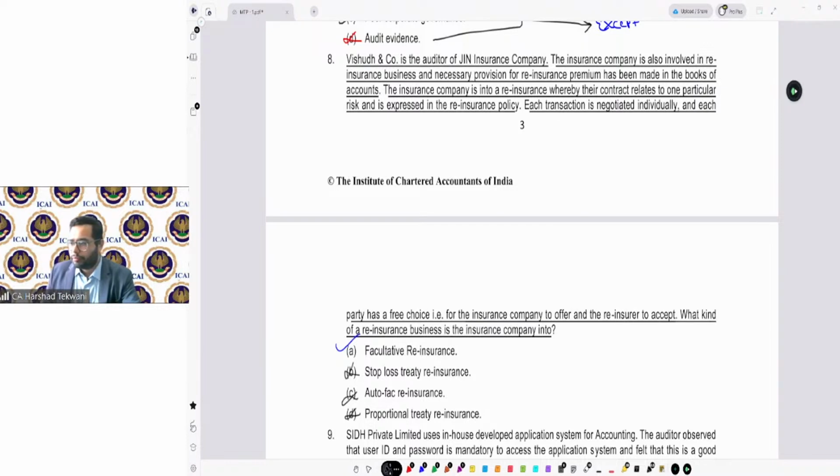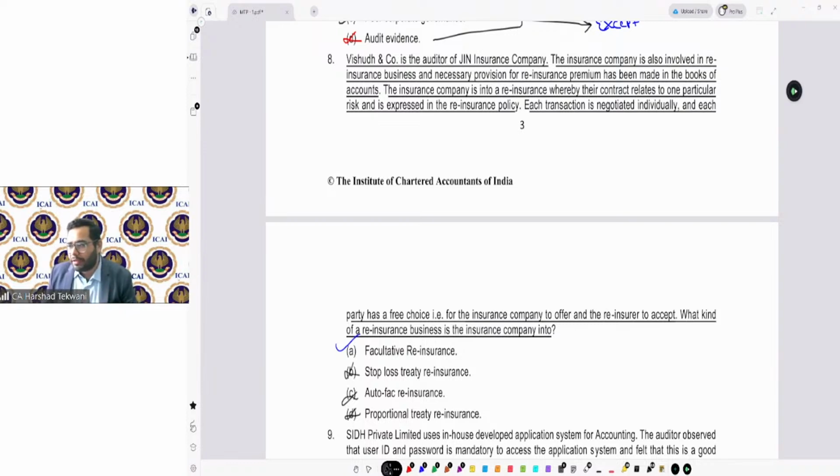Any doubt? Correct, Sumit. So D and B are not the correct options. Option A is the correct one. So basically, it's a definition itself. If you see the regulations, the IRDA regulations, General Insurance and Reinsurance Regulations, 2016, over there is a definition.